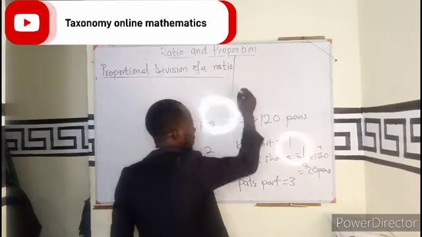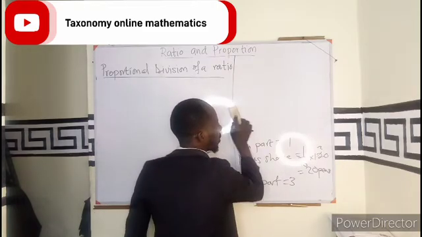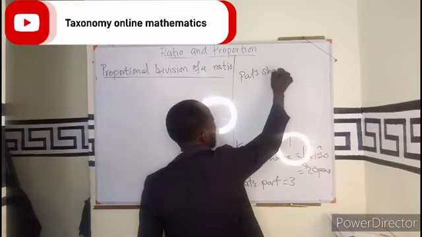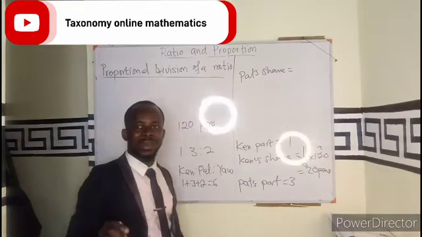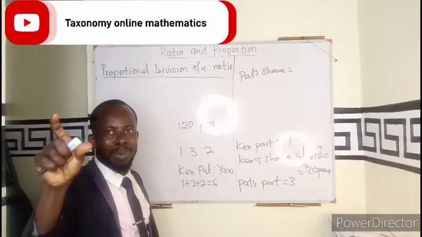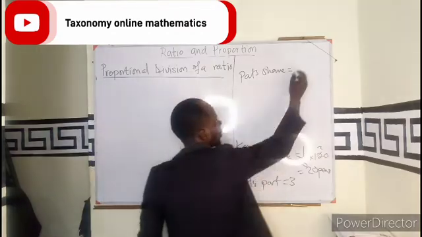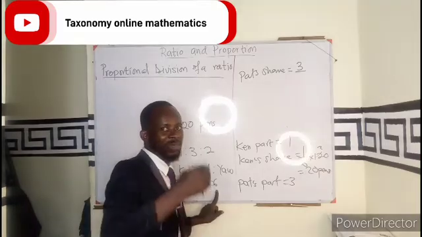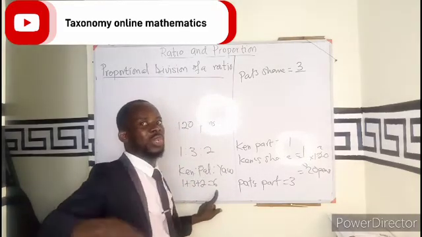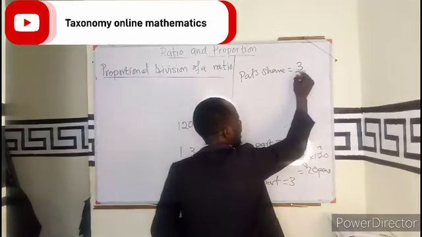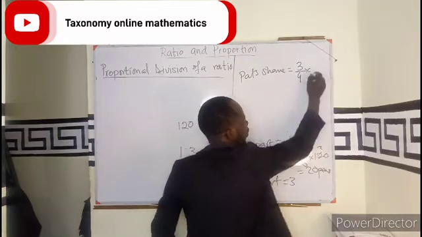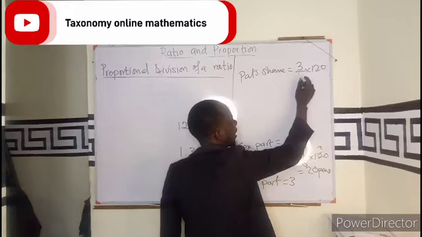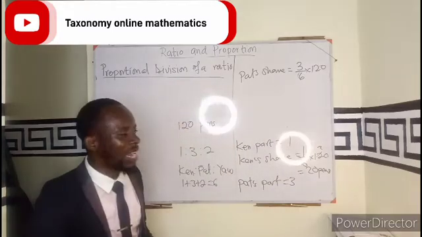Then let's see, part share is going to be, what is the ratio corresponding to part, which we have mentioned as what? 3. What is the total ratio? We are expressing the ratio as a fraction of the total. So 9 multiplied by what they are asked to share. Why am I even using the 9?